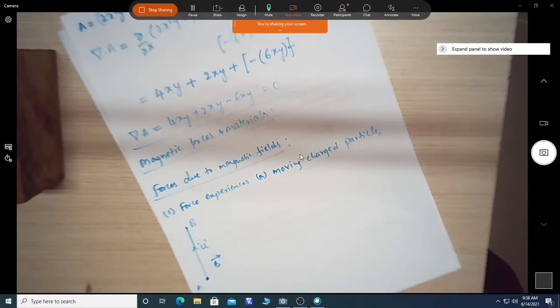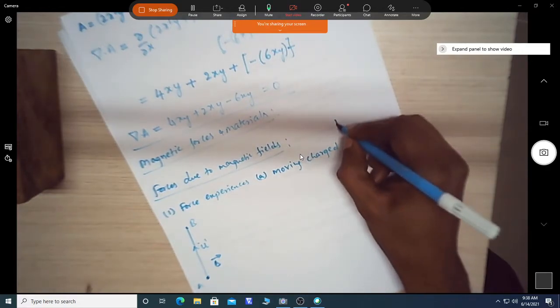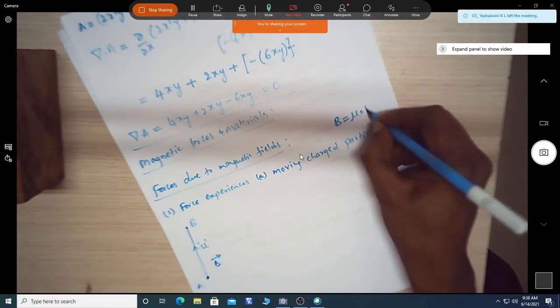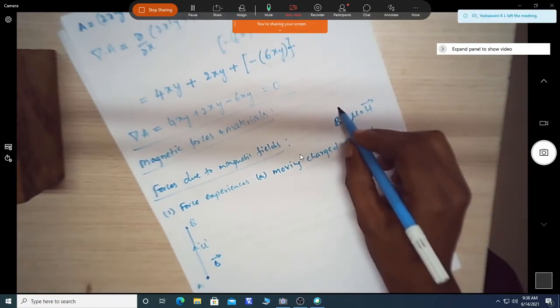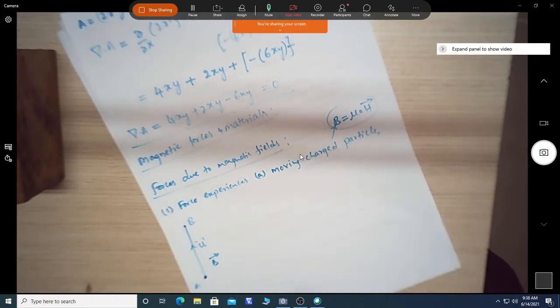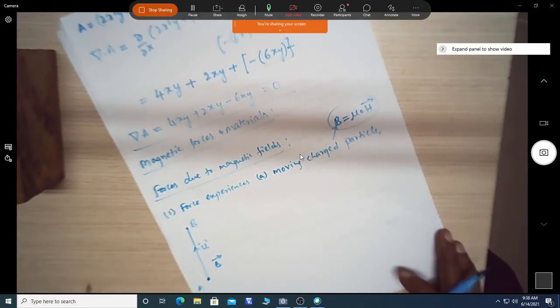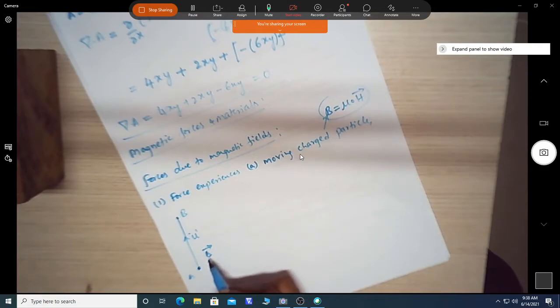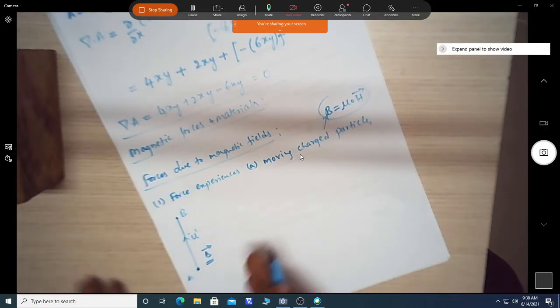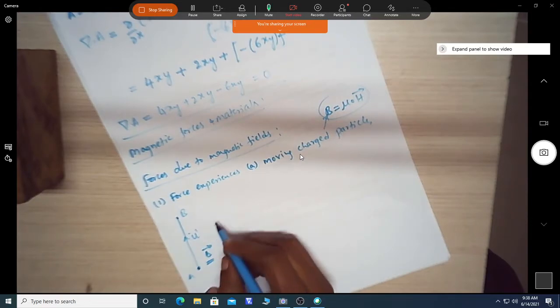Since we have the equation B equal to mu H, in many cases we can call this B also a field. So whenever a charged particle with a constant velocity is within some field, it will experience a force. So that is one case.